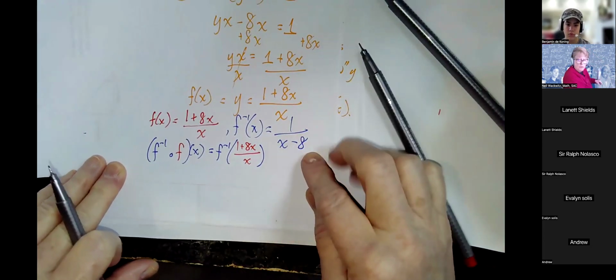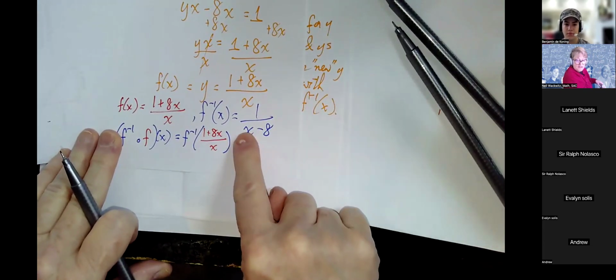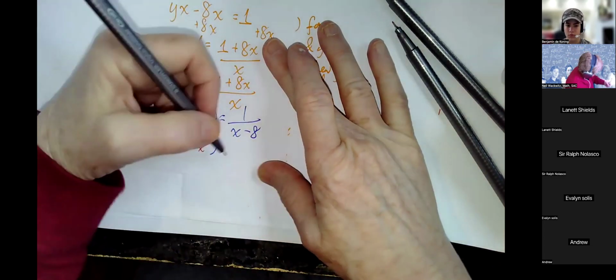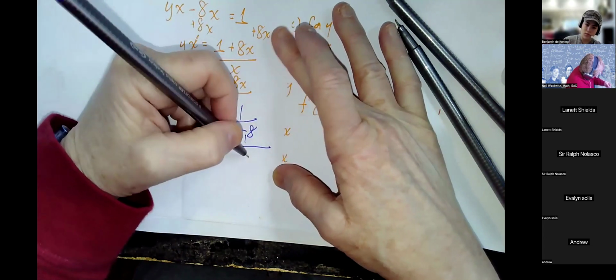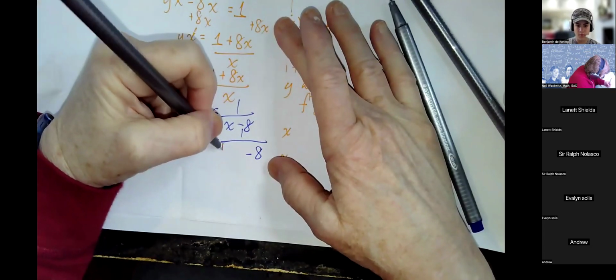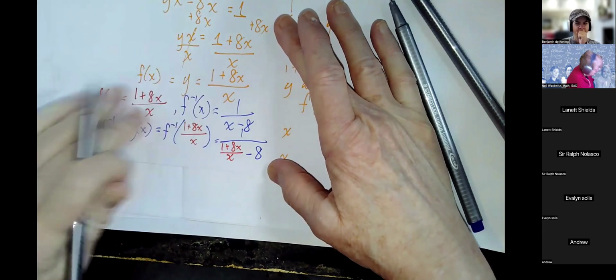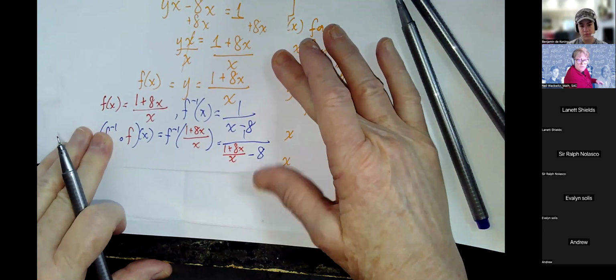So I'm going to write down the formula for f inverse, and instead of x, I'm going to put in this mess. So far, so groovy.